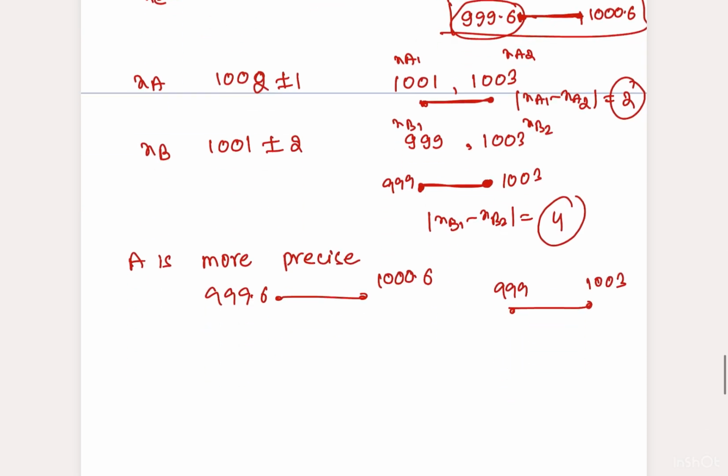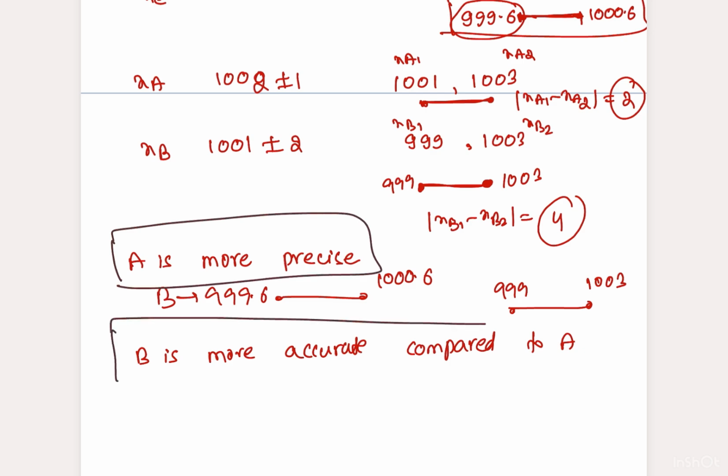Therefore B is more accurate compared to A. So A is more precise and B is more accurate.